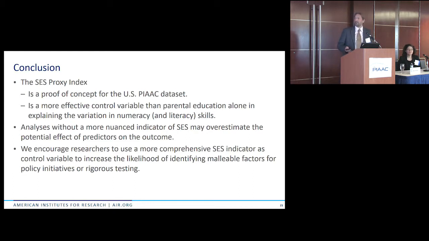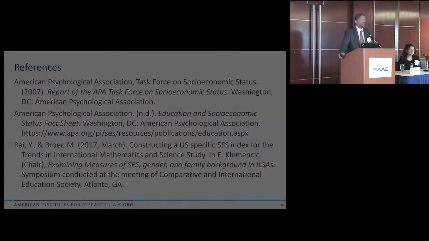So that's important because we want to focus, and specifically policymakers want to focus, on malleable factors for policy initiatives and identifying potential predictors that might affect outcomes that can be put to rigorous testing.